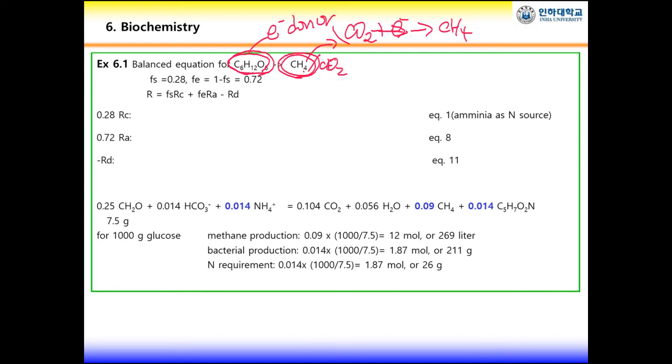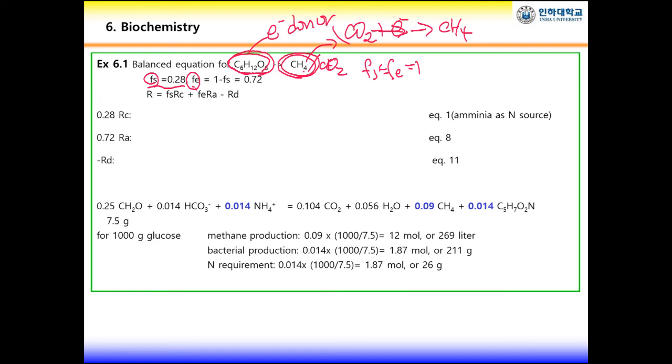Then what you need is an FS value and FE value. FS is given in your textbook, and you can find it in the literature. And also the FE value is just a fraction, as FS plus FE should be 1.